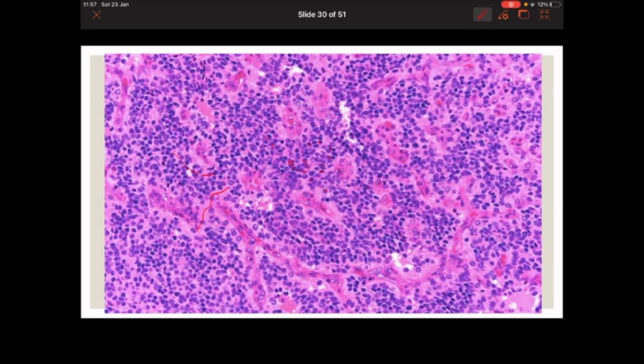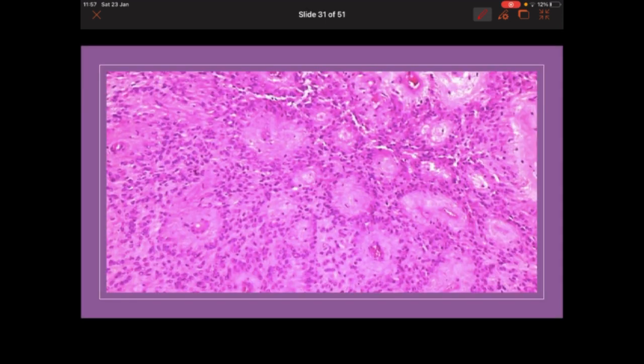Another characteristic of this ependymoma is the presence of pseudorosettes. In these pseudorosettes, there are a lot of hyalinized blood vessels, and these hyalinized blood vessels are surrounded by the tumor cells. Okay, this is a better view of a pseudorosette, in which we can appreciate the blood vessels.